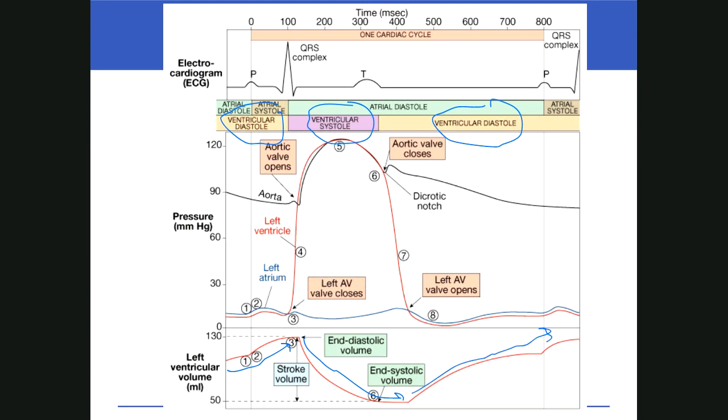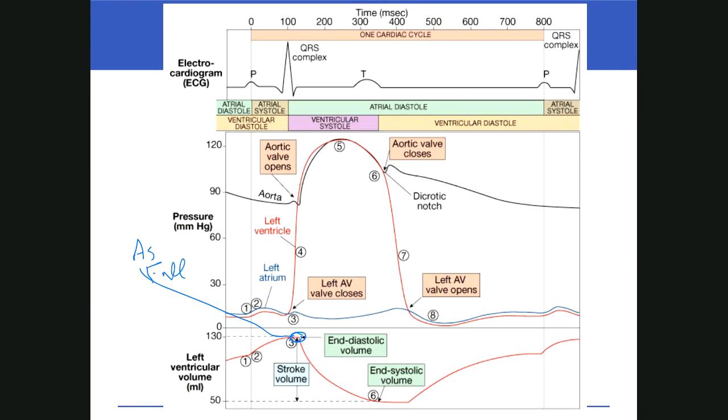And so when we look at this, there's 2 points that we need to pay attention to. One is this one. That's when the heart is as full as it's going to get. In other words, it's not going to get any fuller than that. It's as full as it's going to get during this beat.